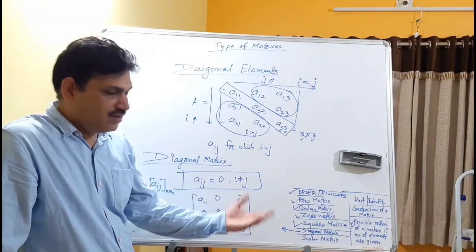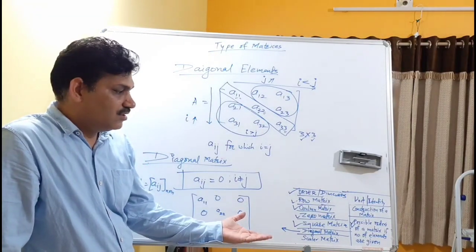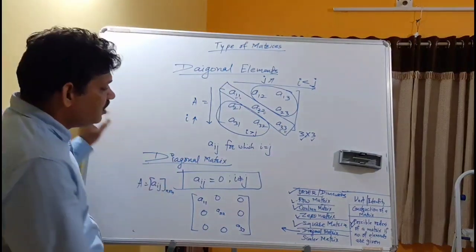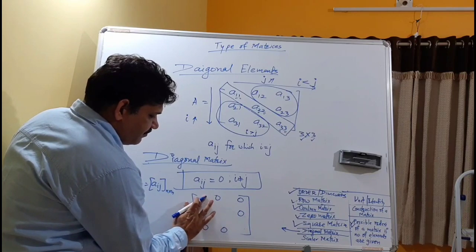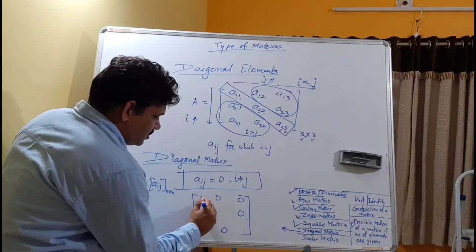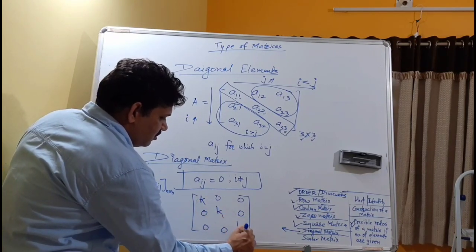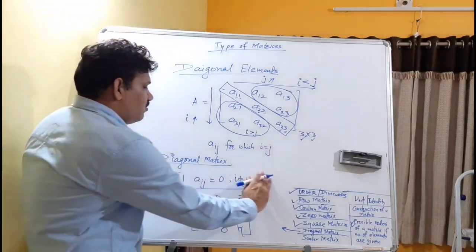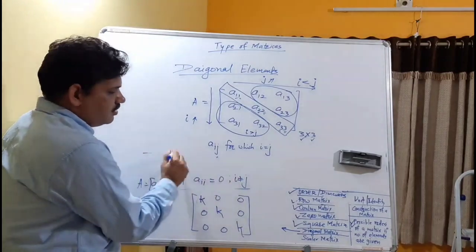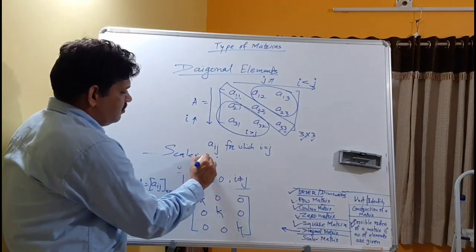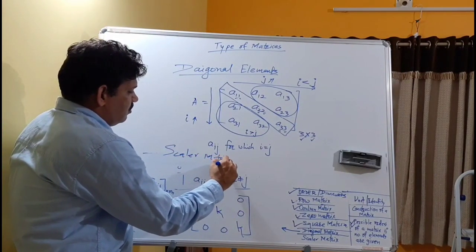A scalar matrix is a diagonal matrix in such a way that all these three elements are same, whatever that is. Suppose it is k, k, k. So the definition of scalar matrix is simple.